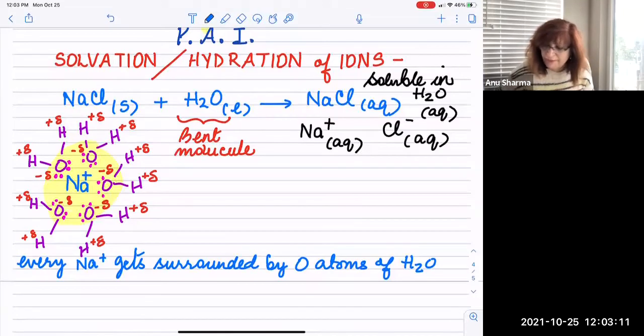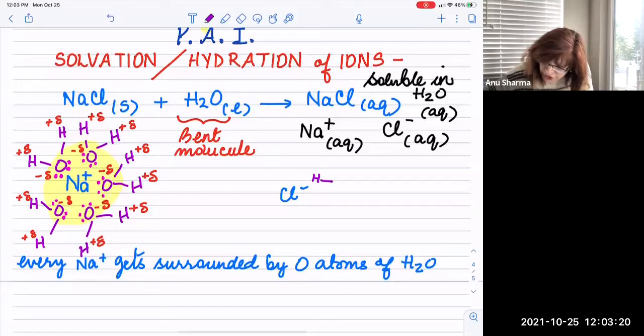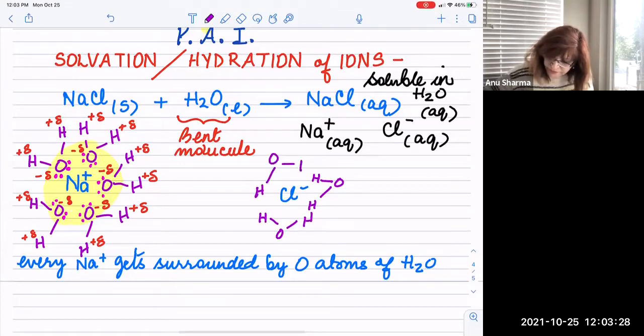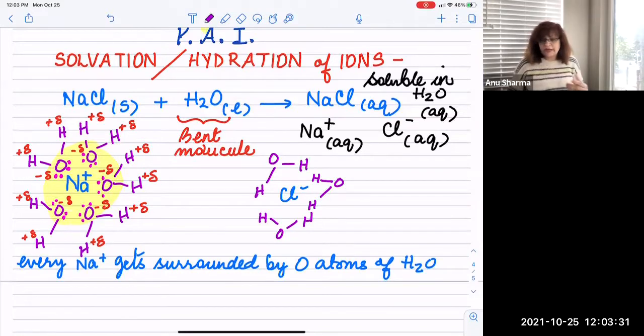Then what happens to the chloride? The opposite happens to the chloride. So chloride gets surrounded by the hydrogen, because hydrogen is positively charged, so it likes the negatively charged chloride ion. I'm just drawing a little bit, because of lack of space.